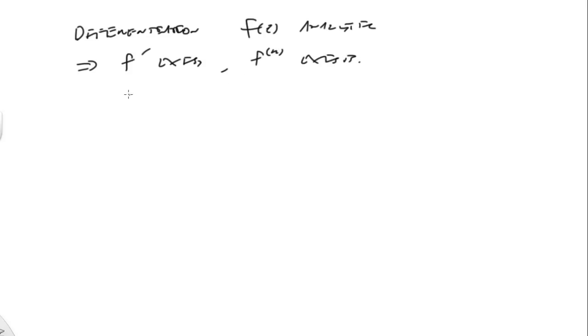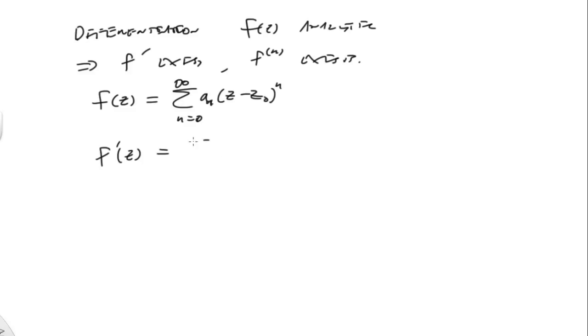The question then is, if we have this as our power series, sum of a_n times (z minus z naught) to the n power, n equals 0 to infinity, and then of course I can also look at f prime, which is another analytic function, and I can expand and find its power series.